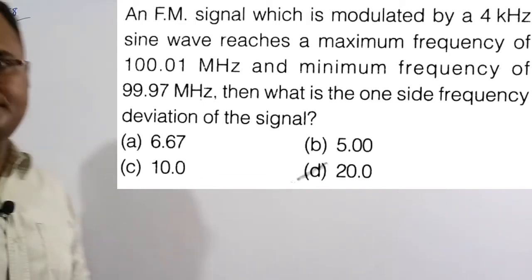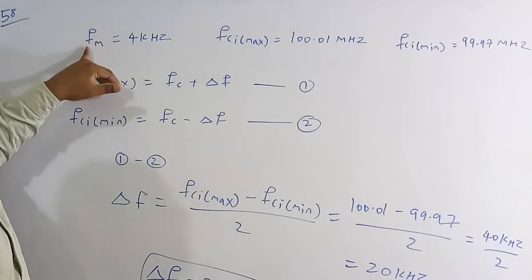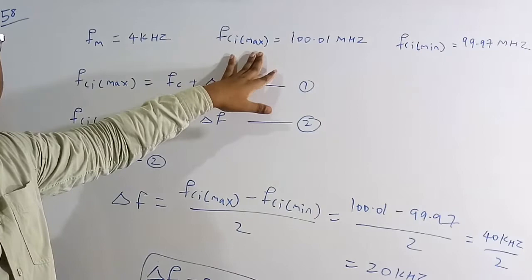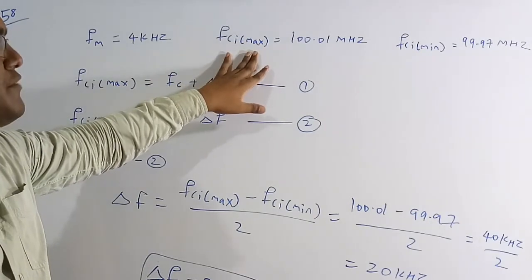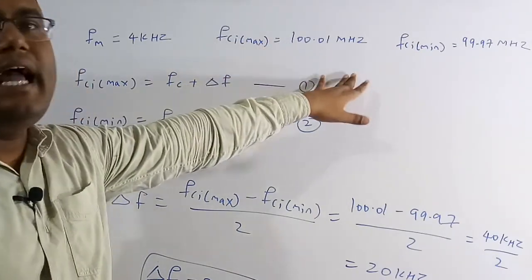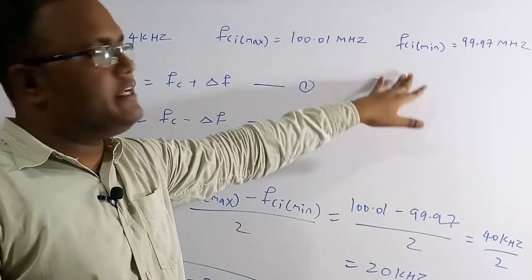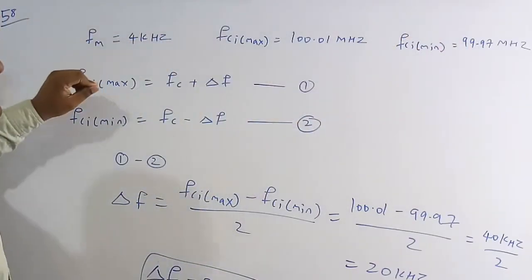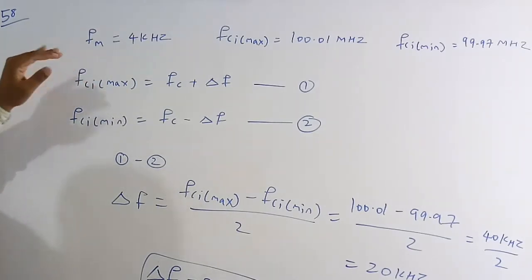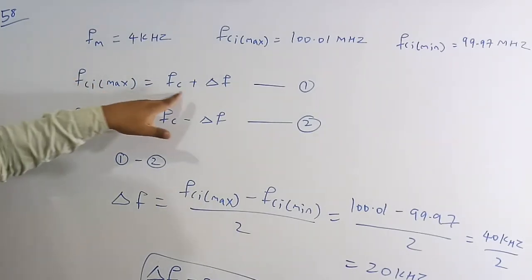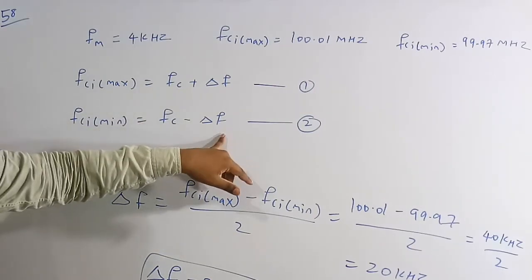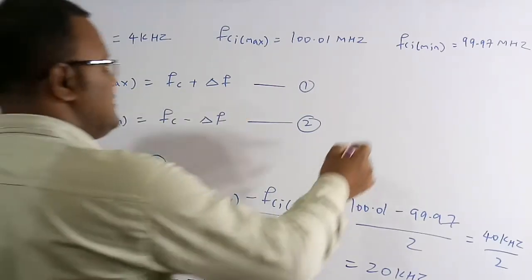So let's solve this numerical. In the question they have given the modulating frequency as 4 kHz, the maximum frequency in the FM wave s(t) as 100.01 MHz, and the minimum frequency as 99.97 MHz. We already discussed this in the previous example. So f_ci max is equal to fc plus delta f, and f_ci minimum is equal to fc minus delta f. We need to find the frequency deviation delta f.